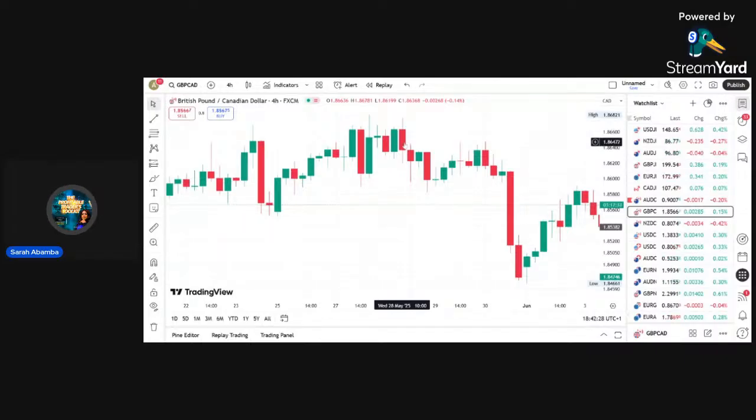This bearish candlestick totally covers the green one, making it a bearish engulfing bar pattern. After it was formed, the market started coming down. So let's do a pip count here now.